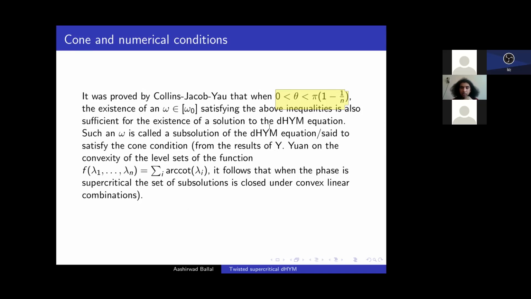So Collins, Jacob, and Yau showed that the existence of a subsolution is equivalent to the existence of a solution when the phase angle is in this range.